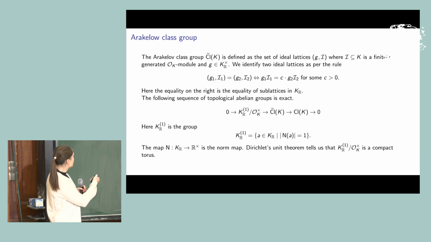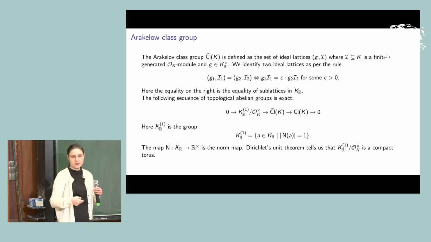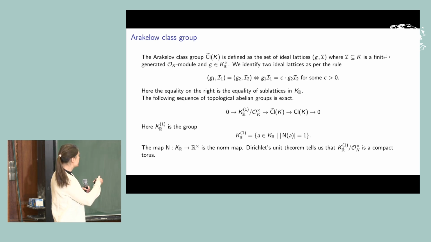And our pair would be some ideal and an element of the set of all elements of the Minkowski space where their norm, which is a product of coordinates, is equal to 1. If the embeddings are real, we take norms of real numbers. If the embedding is complex, then we take the product of the norms of complex numbers.